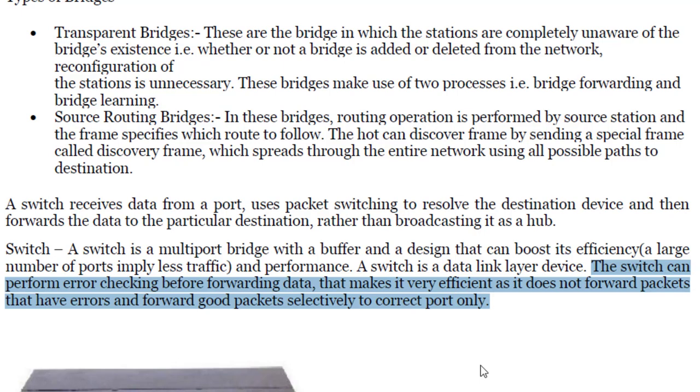In other words, if you compare two networks, one that uses a switch and another that uses a hub, the network that uses the switch has fewer collisions and less traffic, so data packets go through the network efficiently and faster. That's the main difference between a switch and a hub.